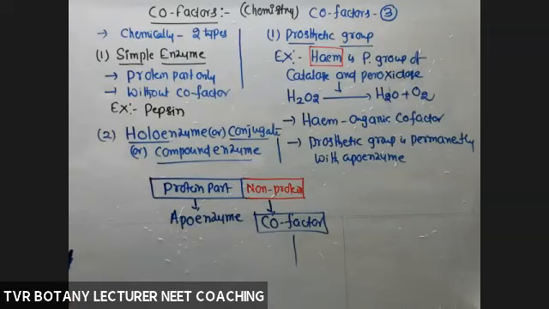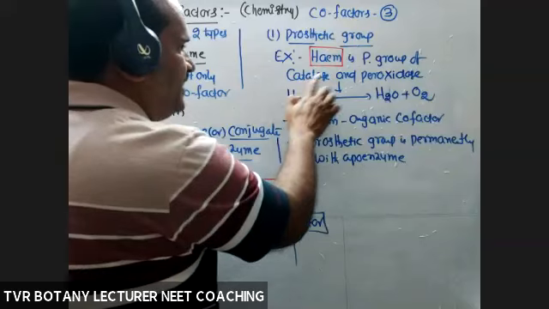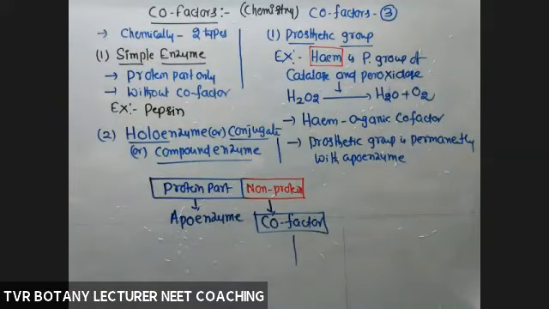So this association is not transient, it is permanent. Not only during the reaction, even without the reaction, heme is a permanent part of catalase and peroxidase. So permanently attached. This is very, very important.